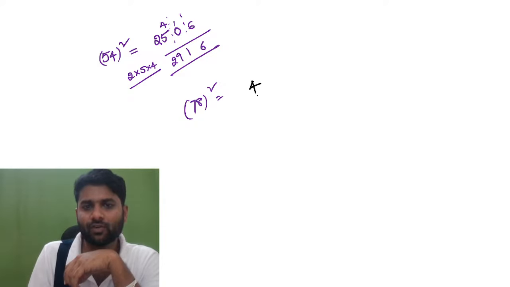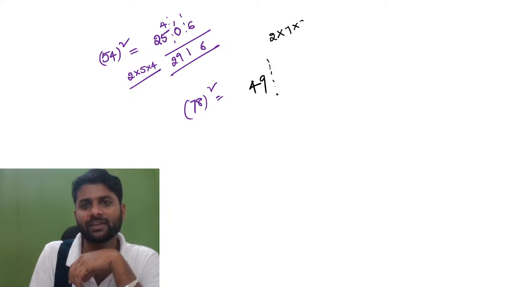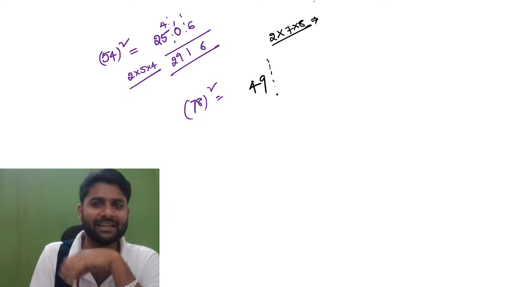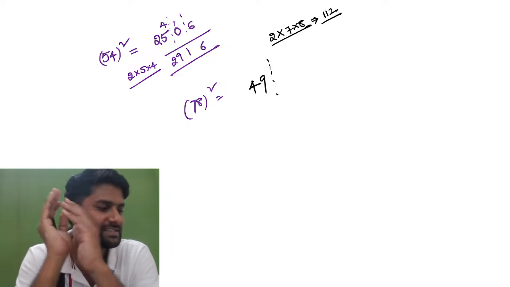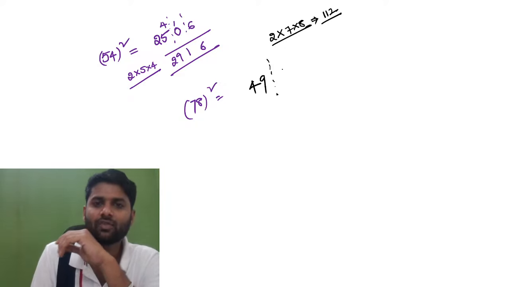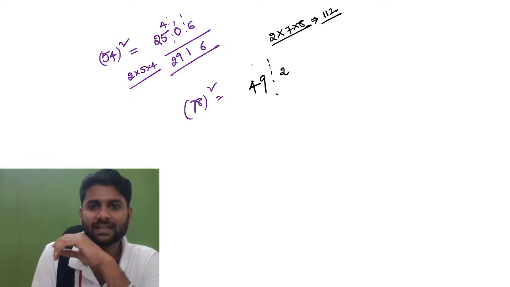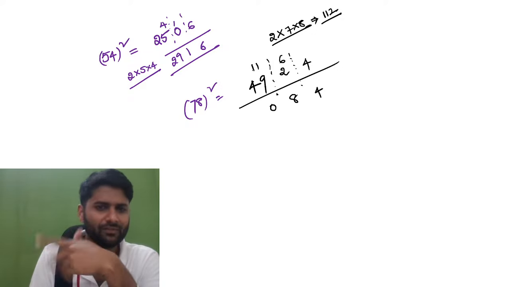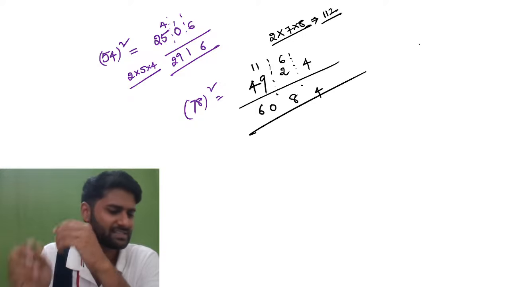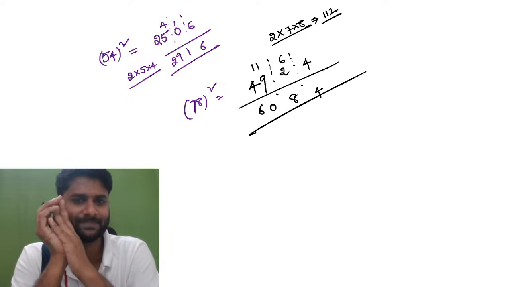Now 7 square is 49. 2ab is all about 2 into 7 into 8. So you know that 7 into 8 is 56. Double of 56 is 112. So 112 means write always a single digit and the remaining should be carried over. Finally 8 square is 64. Write down 4 and 6 is carried over. Now the final answer ends with 4, 8, 0. 49 plus 11 is 60. So 6084 is the correct answer.